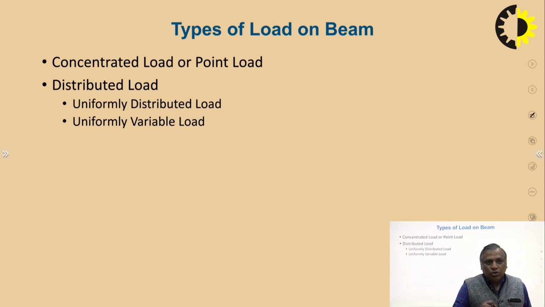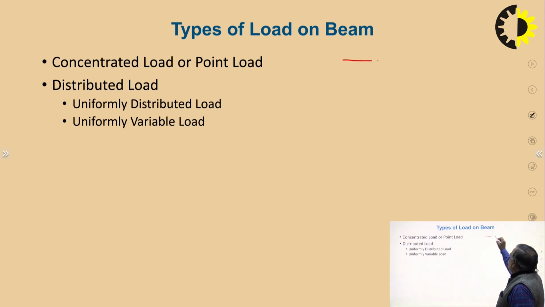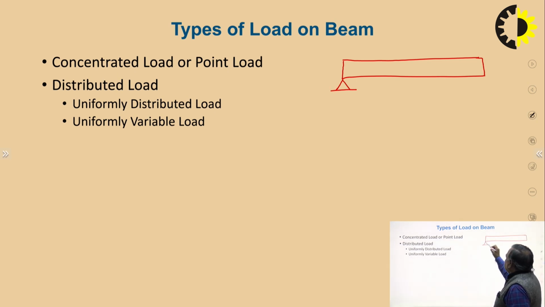What is point load? I can take a simple example of a simply supported beam. I have already explained in the last lecture that this is a beam which is supported at the ends. At one end, this is a roller support, and at the other end, a hinge support, and it is subjected to some load acting at a point.